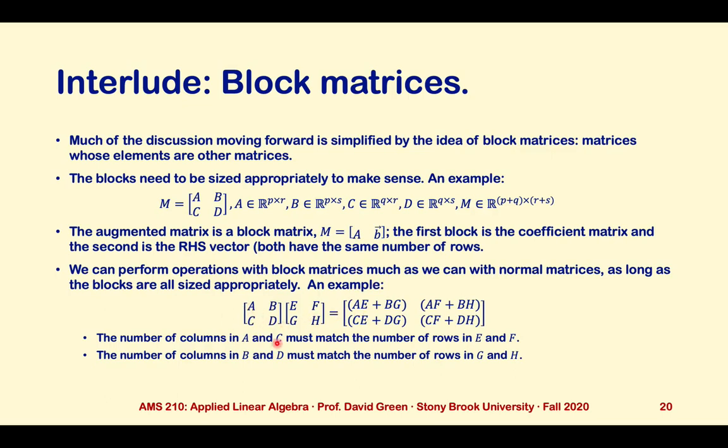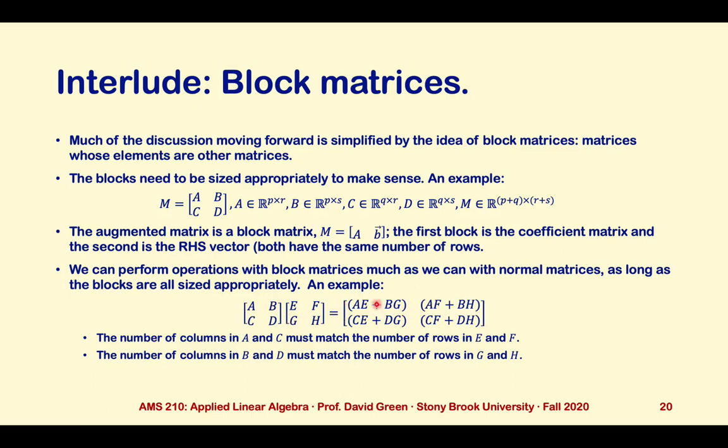If I have a block matrix A, B, C, D, and another block matrix E, F, G, H, the product can be found by taking the matrix product of A and E plus the matrix product of B and G for the first block here.